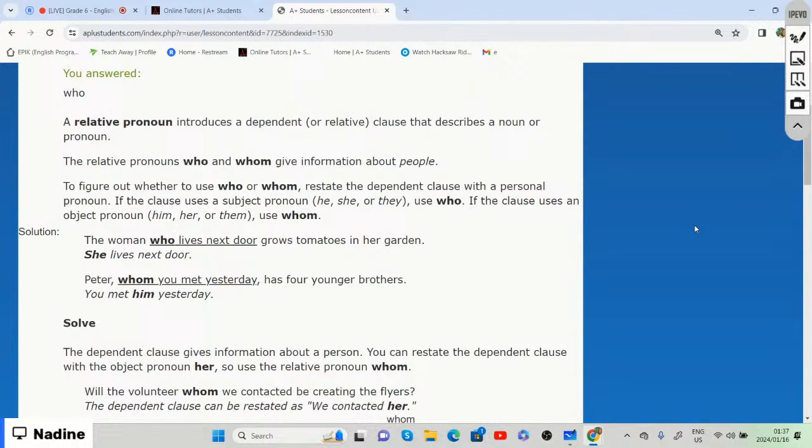And if the clause uses an object pronoun, we use him, her, them. So we use who when we use words like he, she, they, and whom when we're using words like him, her, or them.